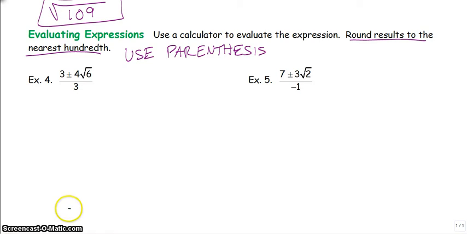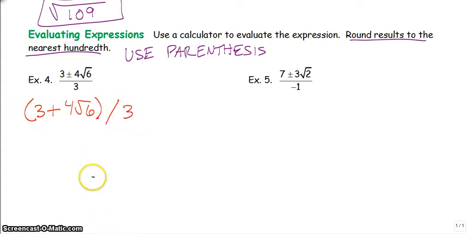When I put this in my calculator, I'm going to separate the expression by numerator and denominator. In the first part of this problem, I'm going to put parentheses around 3 plus 4 root 6. That is my entire numerator, divided by my entire denominator, in this case 3.